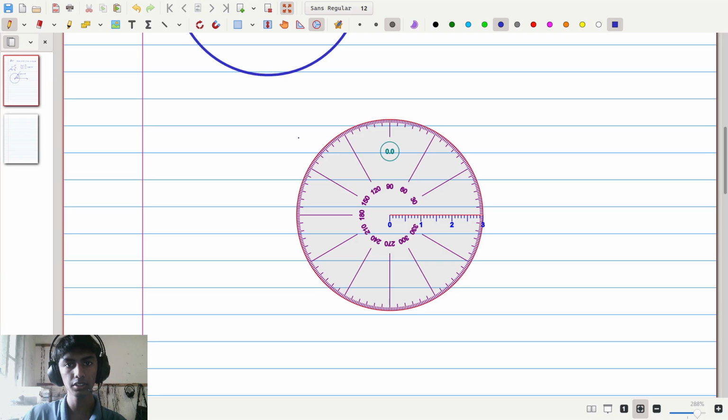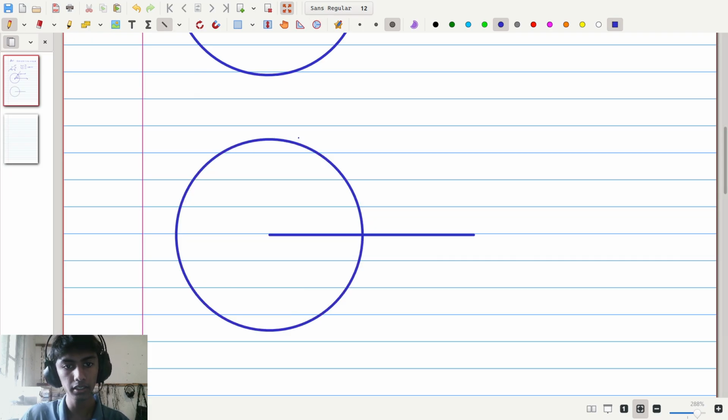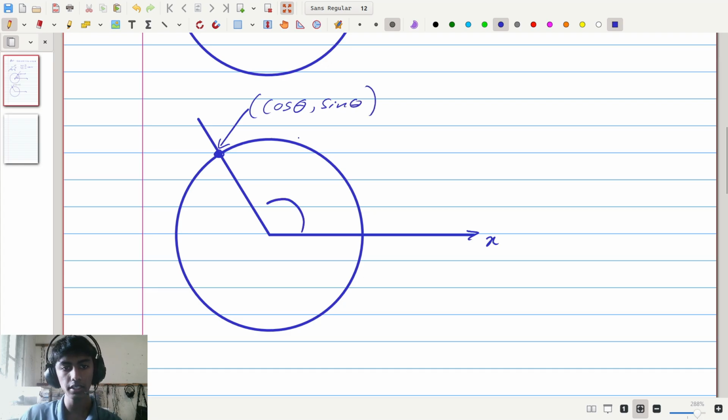If we draw a circle like this, and we draw an angle which is clearly greater than 90 degrees, this is our given direction, and this point here is still cosine theta, sine theta, where theta is this angle.